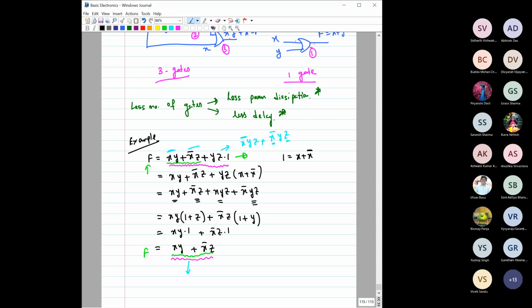For that there is one technique called the Karnaugh map technique. By using that technique it would be easier for you to say that this is the minimized form of the expression. But even then you have to do some trial and error and see whether you can really minimize it or not.